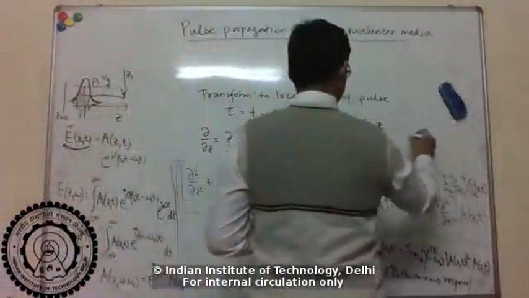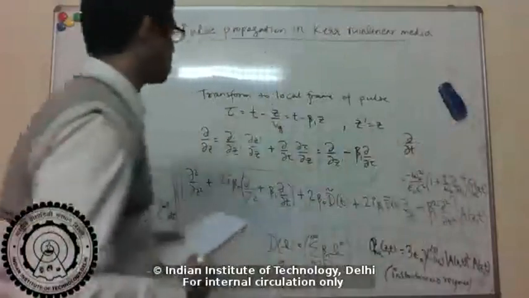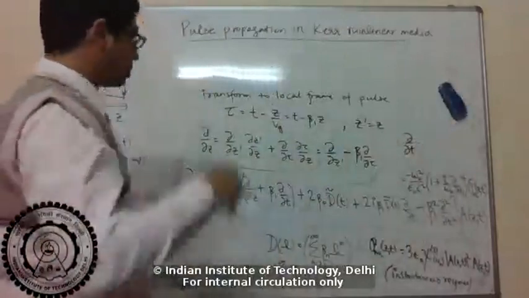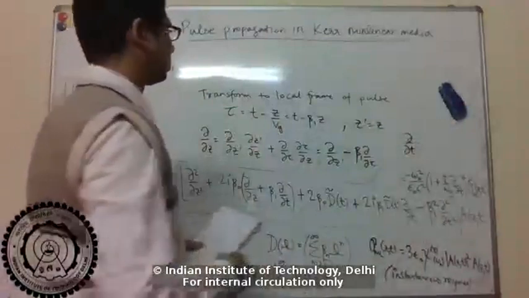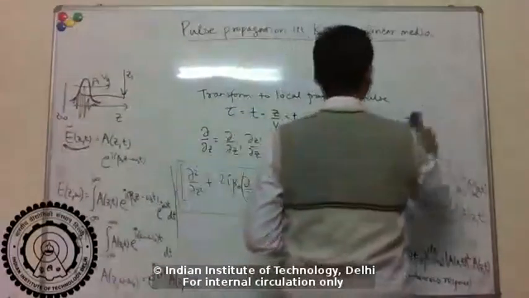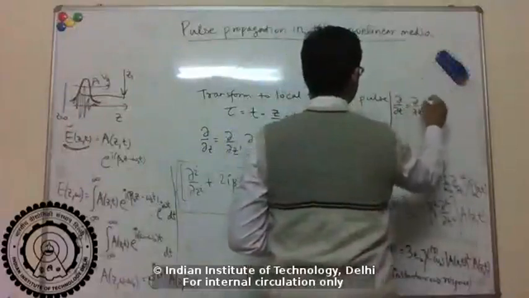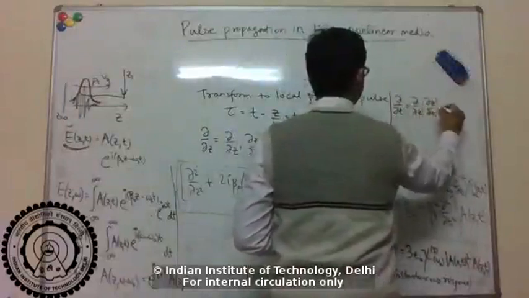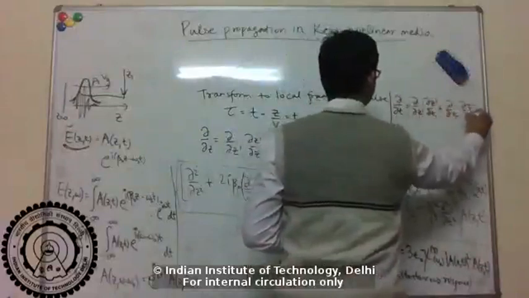Similarly, we can see what is del by del t. Again, I can write del by del t as del by del z prime times del z prime by del t, plus del by del tau times del tau by del t.